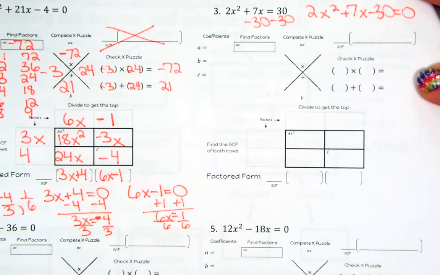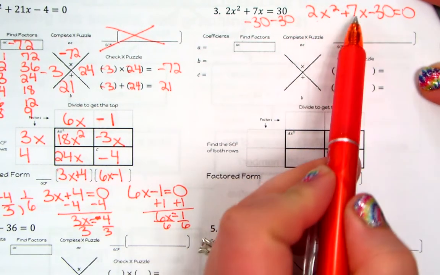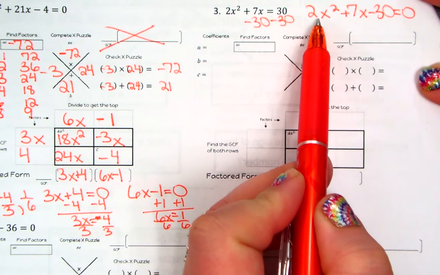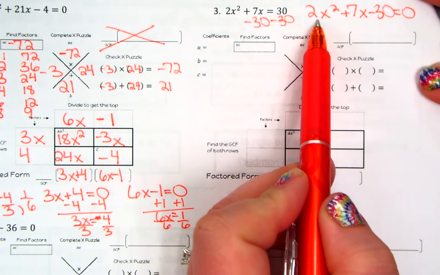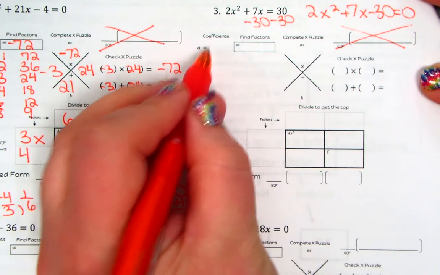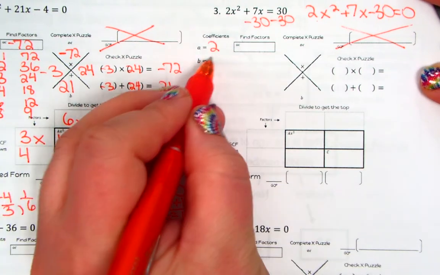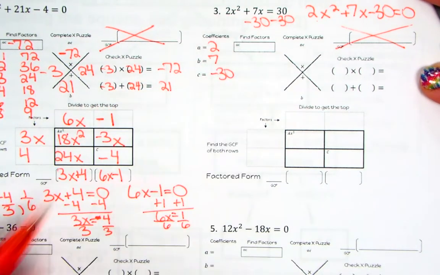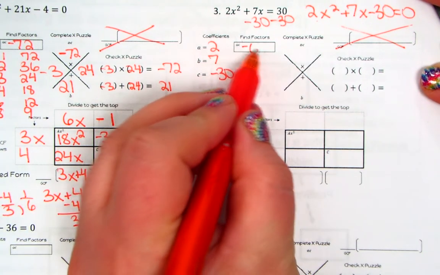So my first step when I'm factoring is to check, can I take something out of all the pieces? And I can't. Both 2 and 7 are prime, so nothing would be common in all of them. So that makes my A 2, B 7, and C -30. That makes my A times C -60.